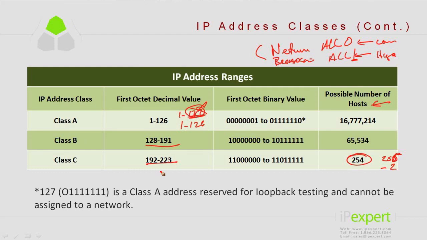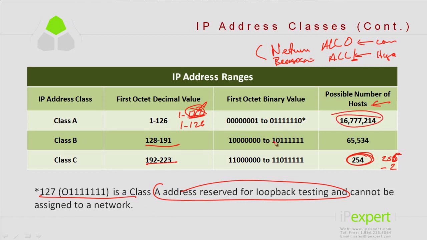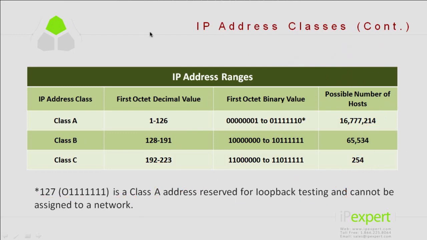I showed you how that was derived. 127 is a Class A address reserved for loopback testing, and we can't assign it to a specific device. So we go anywhere from 254 all the way up to 16 million hosts in our configuration. Very handy to know, and also really important to know how to actually extrapolate it.